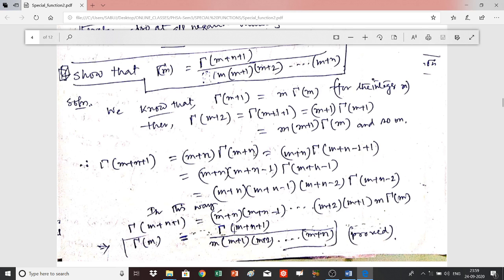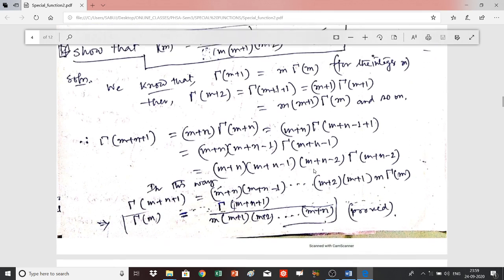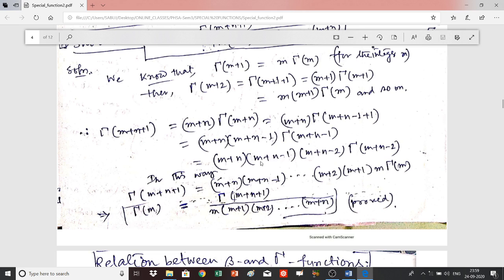Since you know that gamma n plus 1 is equal to n gamma n, here n is m plus n minus 1. So that is written here, then gamma m plus n minus 1. And from here you also write m plus n, then m plus n minus 1, then m plus n minus 2, then gamma m plus n minus 2.